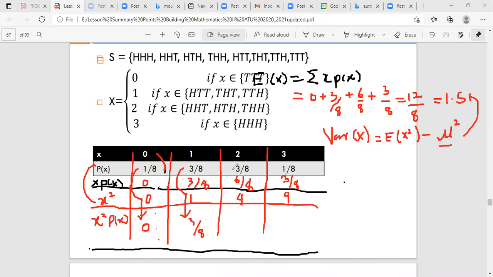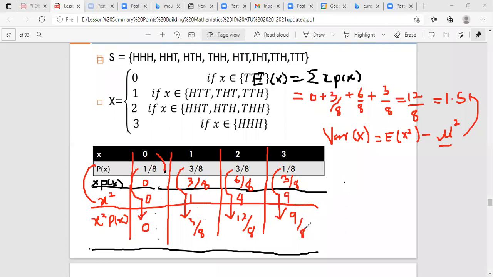Then we have 3 over 8 times 4 will give us what? 12 over 8. Okay, let's keep it as 12 over 8 for now. Then the next one will be 1 over 8 times 9, which will give us 9 over 8.